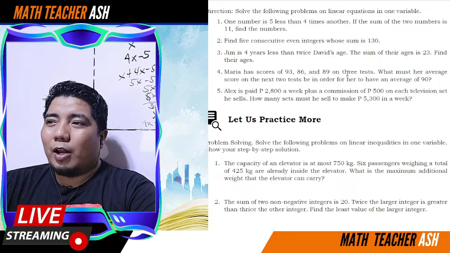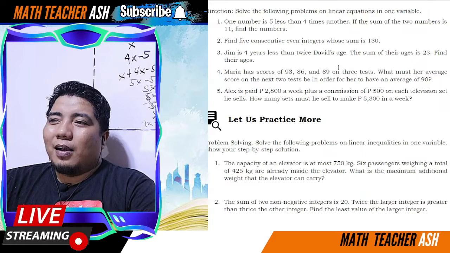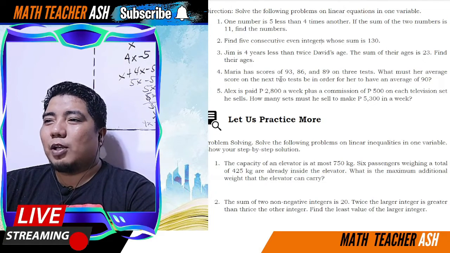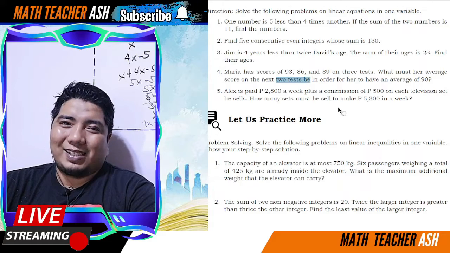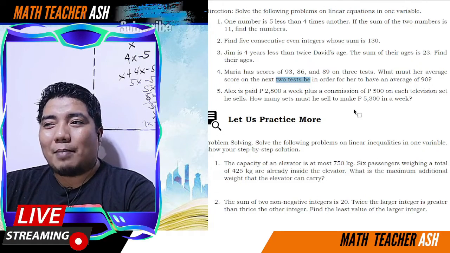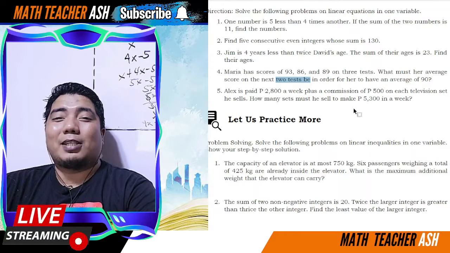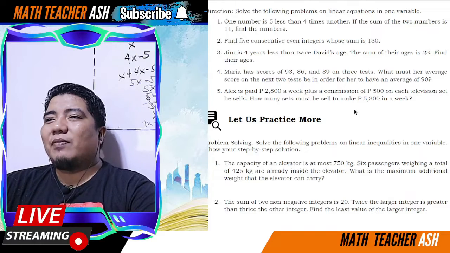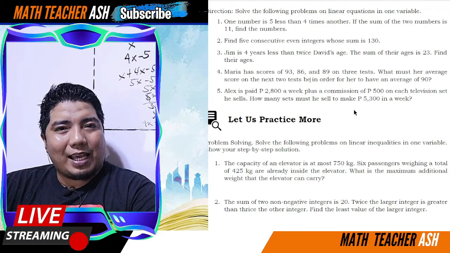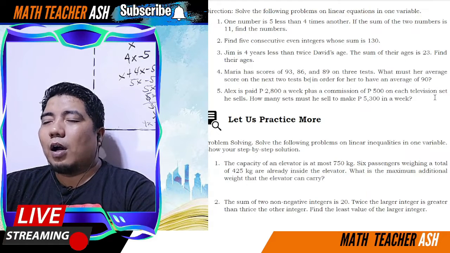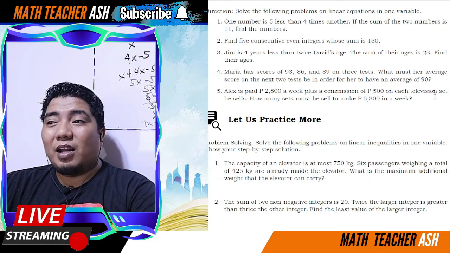Then, divide the answer by 2. Why by 2? It's because we are talking about 2 tests. Two tests are still missing, so divide by 2. Now you will know the score she needs to get. In representation, you can have 93 plus 86 plus 89 plus x equal to 450.